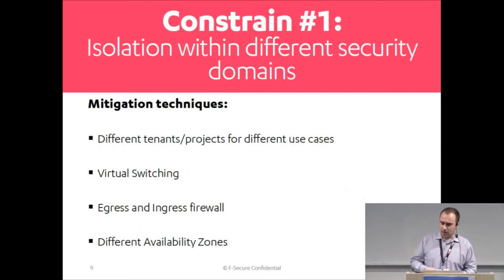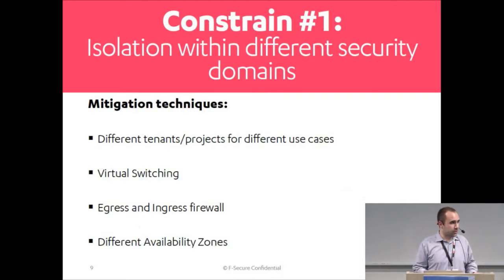OpenStack already comes with a lot of good things that you can do to mitigate this. First, it's common sense, you can deploy one project per use case, as tenants and projects are the same thing in OpenStack. So you can have your development environment as a project with its own firewall built in. It comes already with OpenStack, so you can have egress and ingress firewall rules.